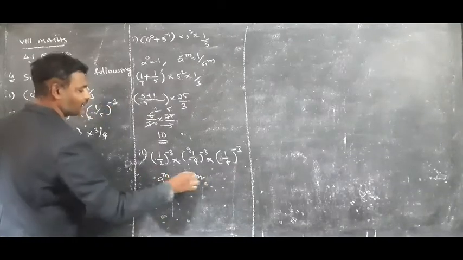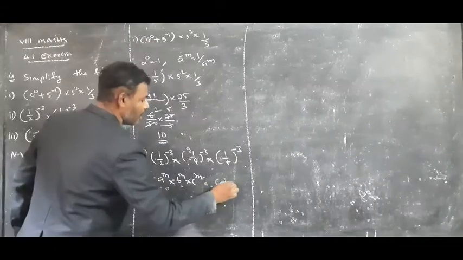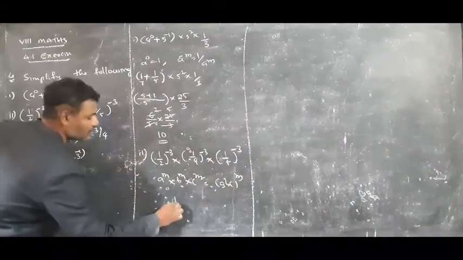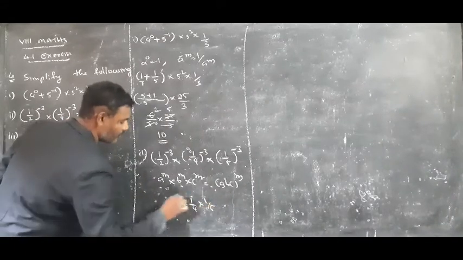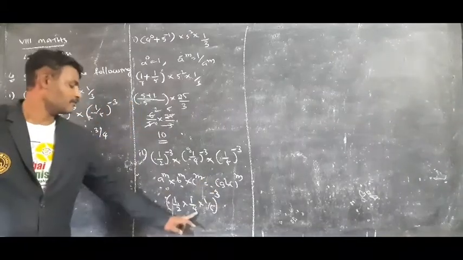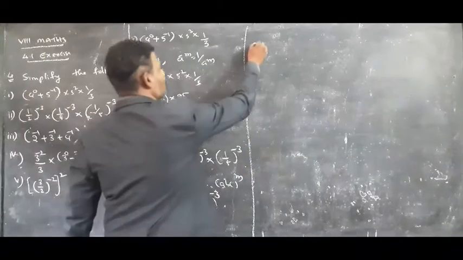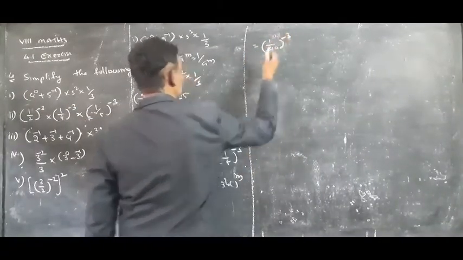See here, the powers are equal, so we can write it as abc whole power m. By using that, 1 by 2 into 1 by 4 into 1 by 5 whole power minus 3. 4 twos are 8, 8 fives are 40, so it is 1 by 40 whole power minus 3.